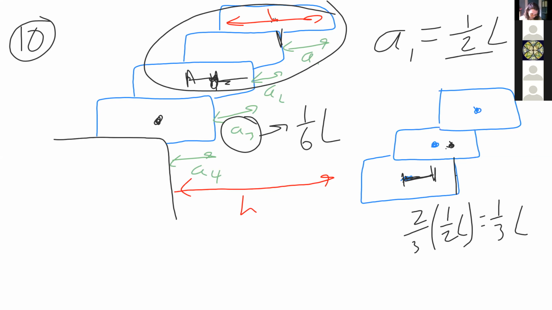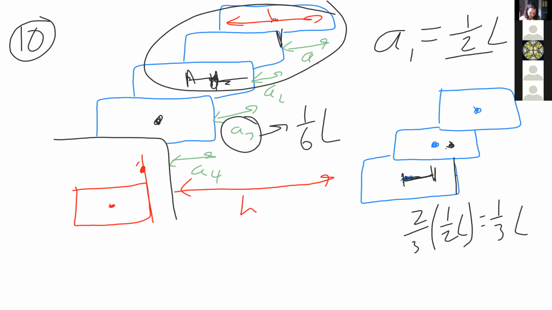so we have the center. We have 3m essentially that is located at the edge, and we have 1m that's located in the center.